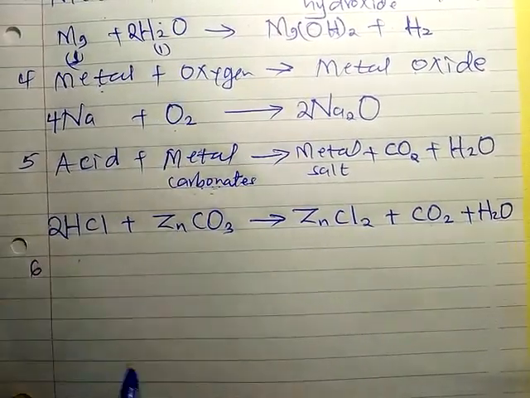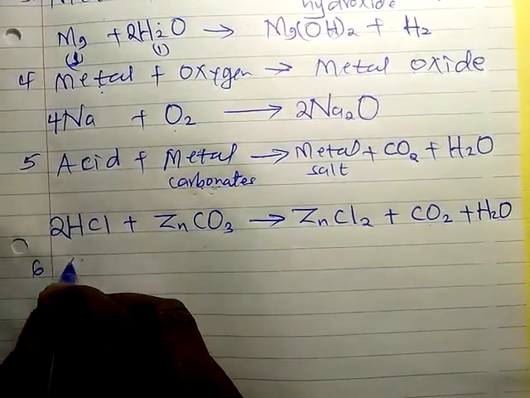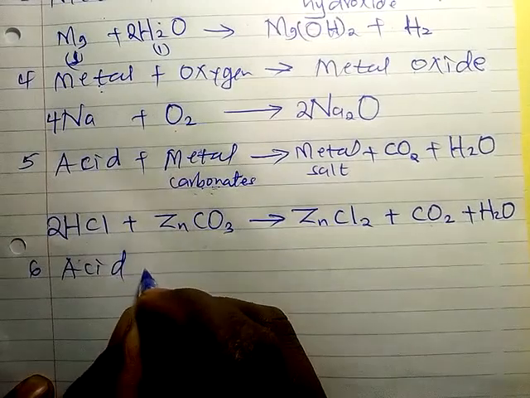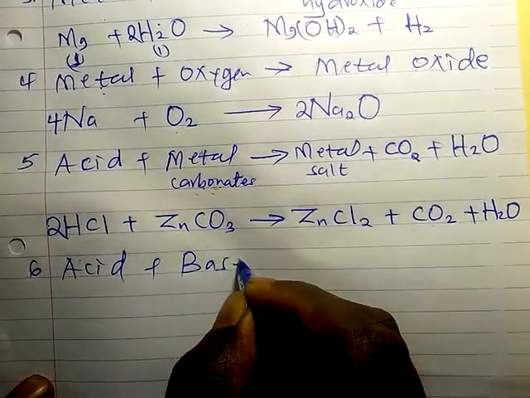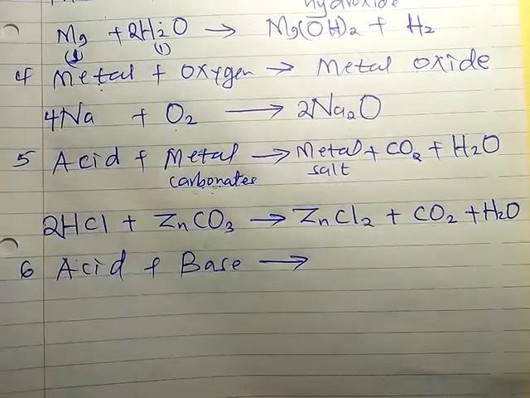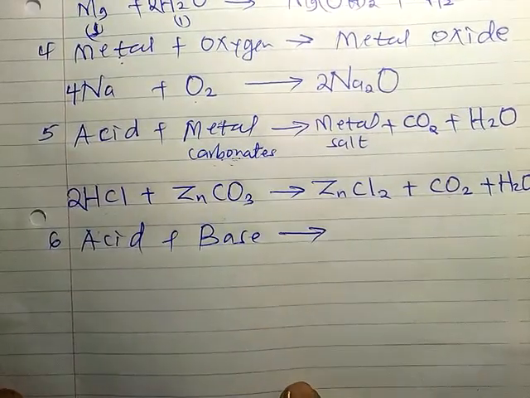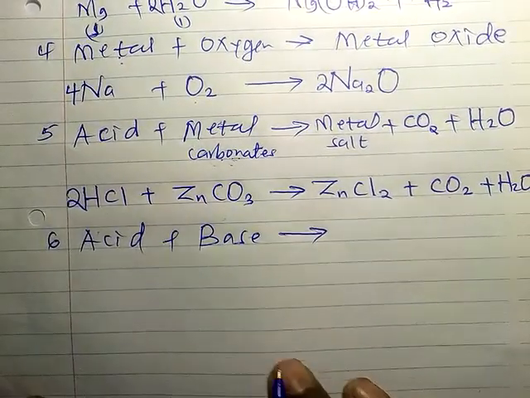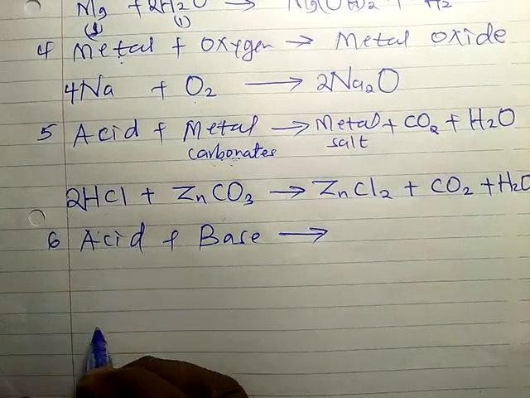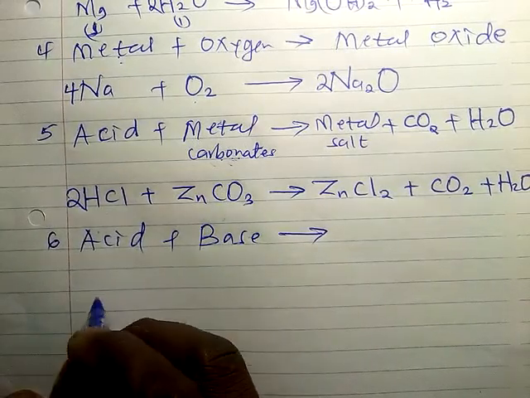Number 6, an acid plus a base. First, I realize very many people do not know what the bases are. We have 2 types of bases. Let me describe them here shortly.